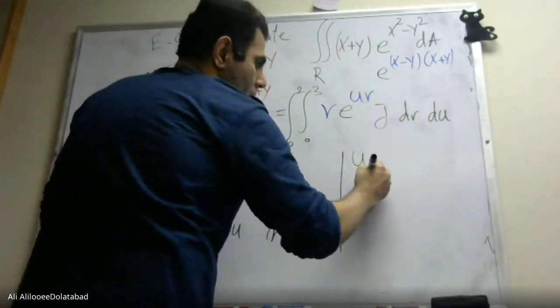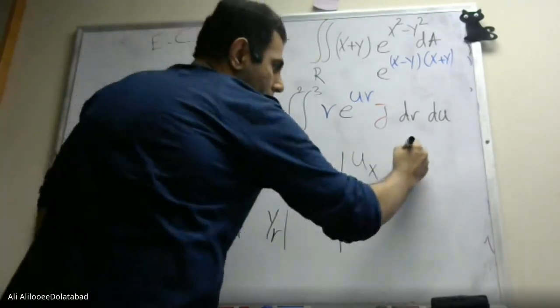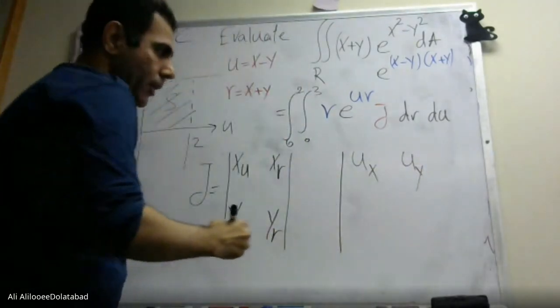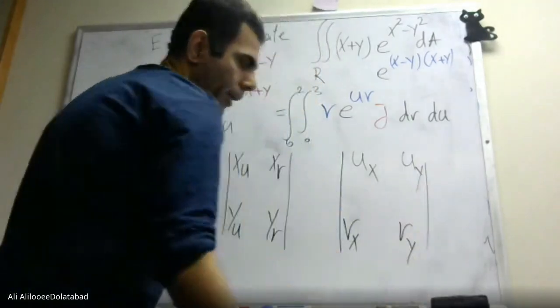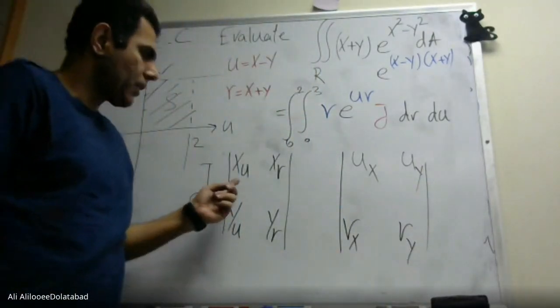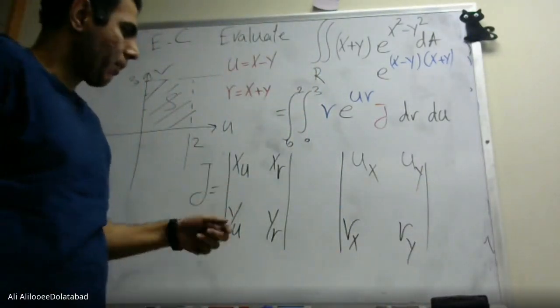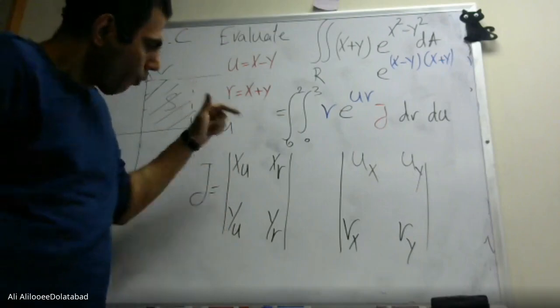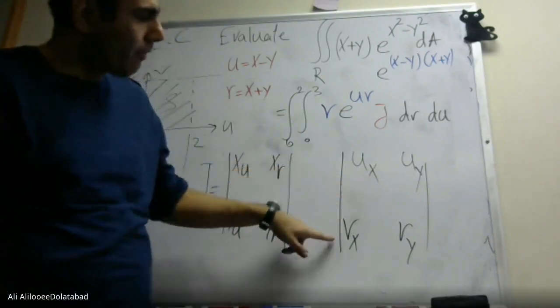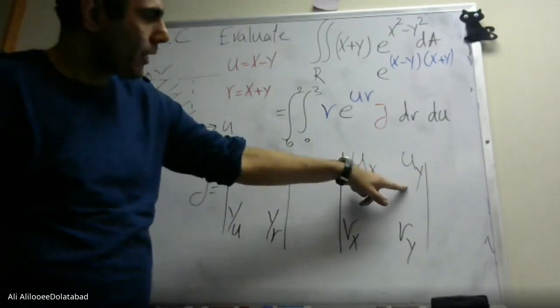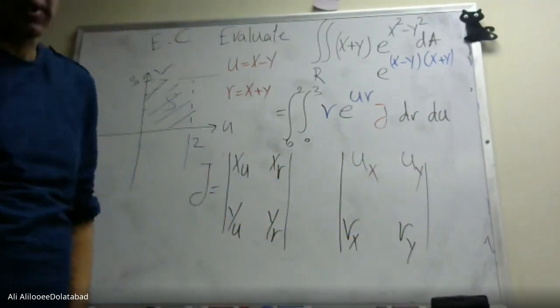It means we write u with respect to x, u with respect to y, v with respect to x, v with respect to y. Instead of differentiating x with respect to u and y with respect to u and v, what if we differentiate u with respect to x, v with respect to x, u with respect to y, v with respect to y?